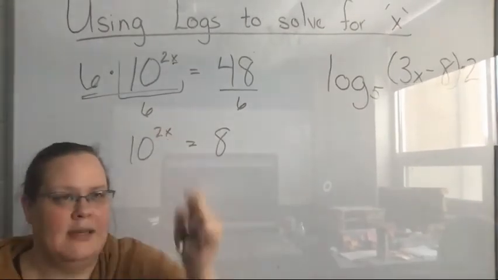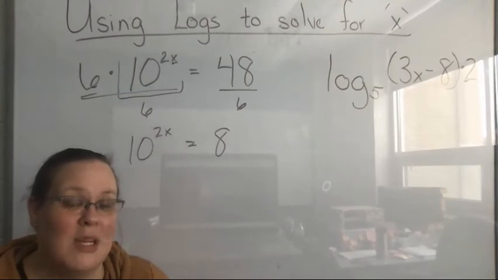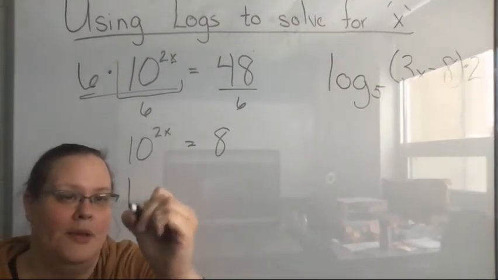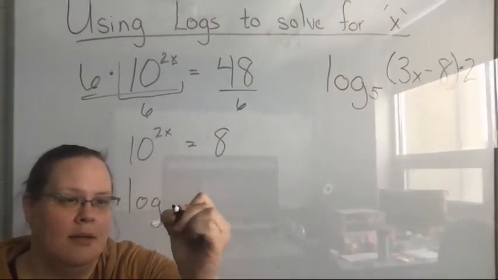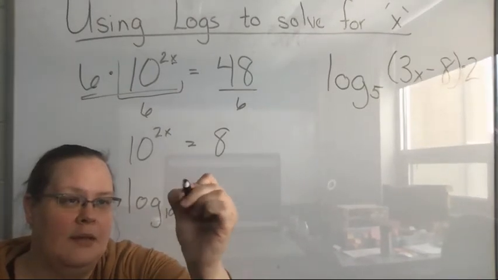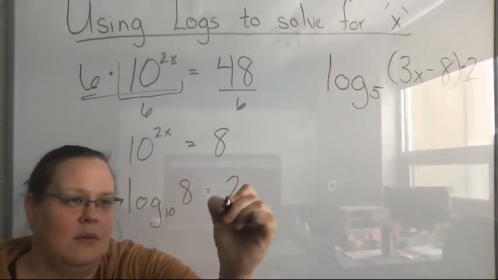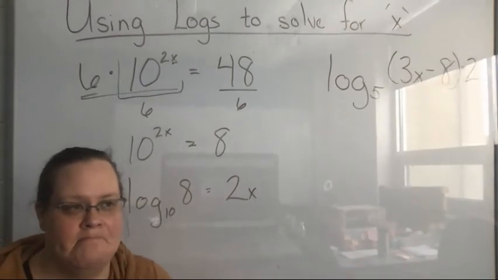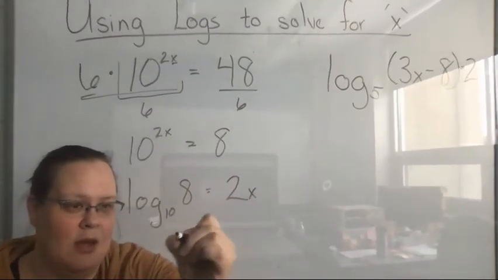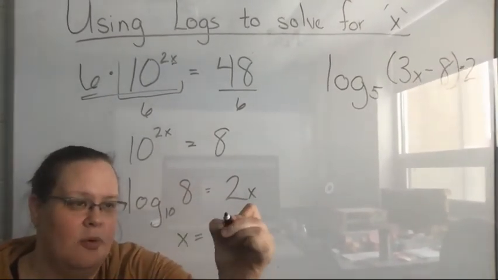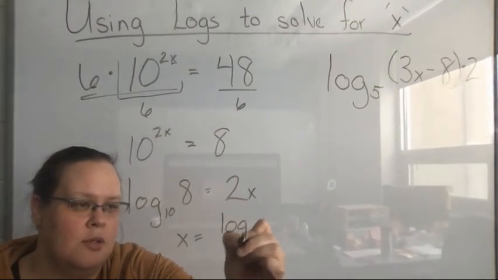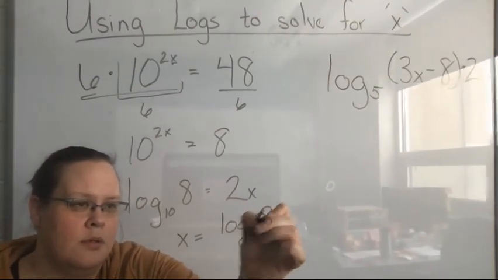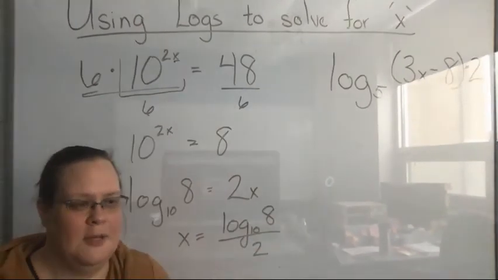I do not want my x as an exponent, so I need to rewrite this as a logarithm. So I'm going to have a log base 10 of 8 is equal to 2x. I need to get that x all by itself. So as I divide both sides by 2, I'm going to get to this point.